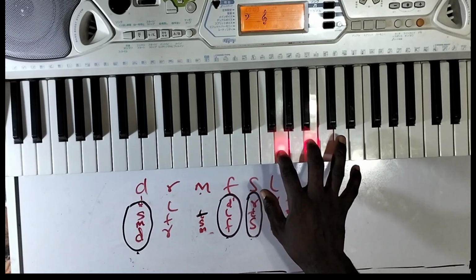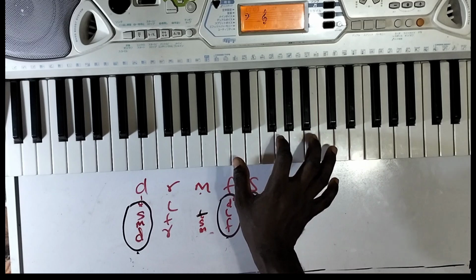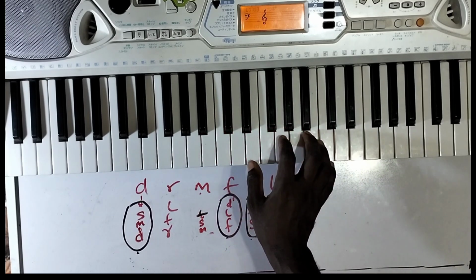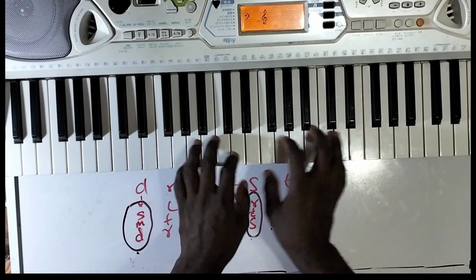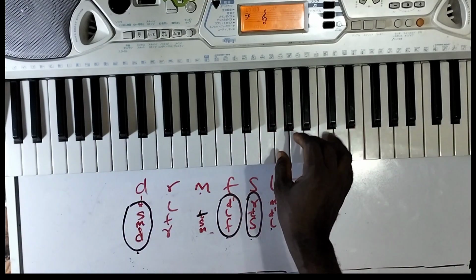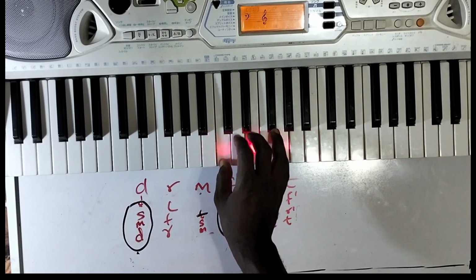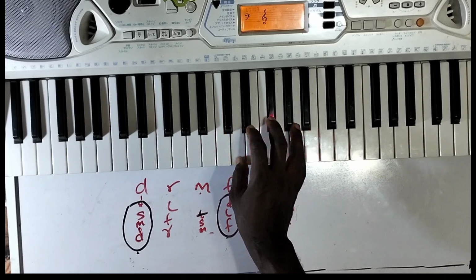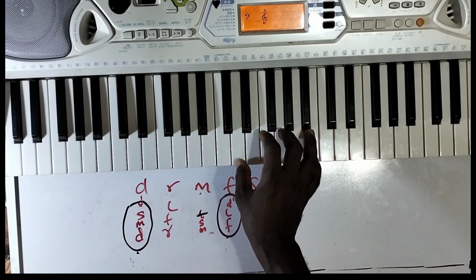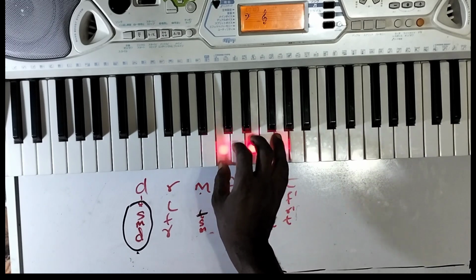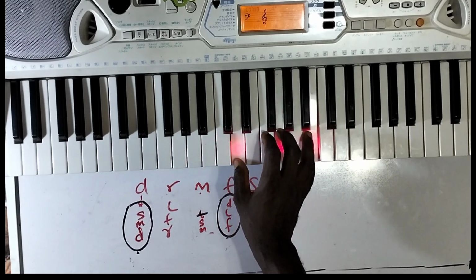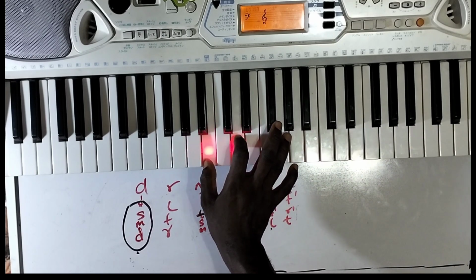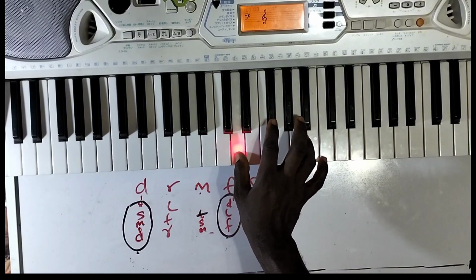So they use the back one instead of this one. Sometimes, depending on how fast you are, you can also go like this. But I feel better going like this. You can also go do so mi, do la fa, re ti so, do la fa, do so.